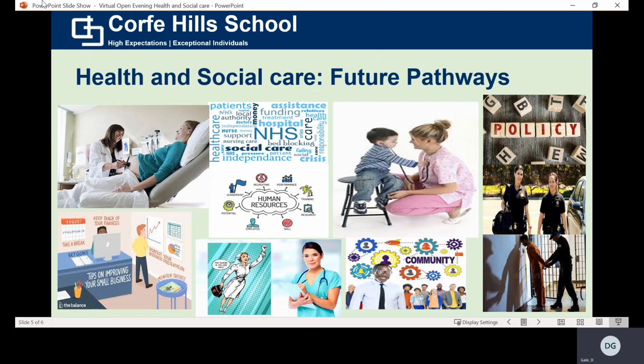Past students have gone into primary school teaching, nursing, social work, paramedics, police within the police force, and working with children in childcare. Lots of opportunities, not necessarily having to go to university, but it stands you in good stead if you want an apprenticeship within the childcare sector as well.